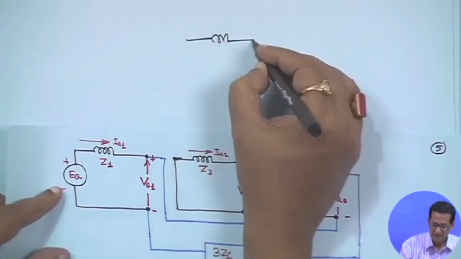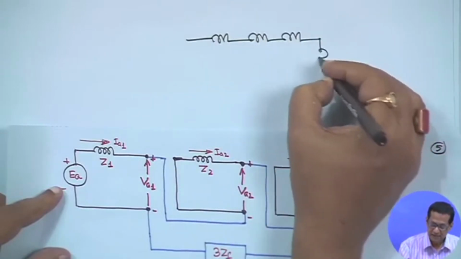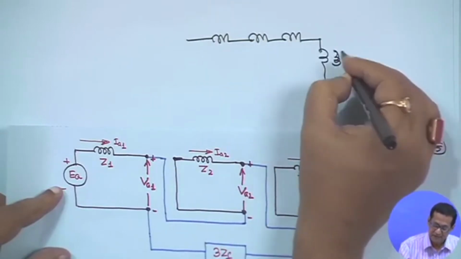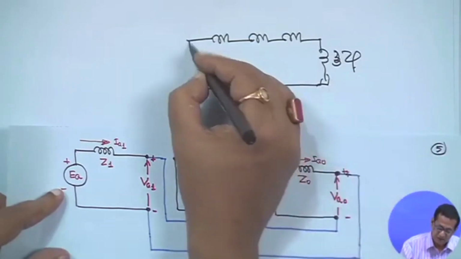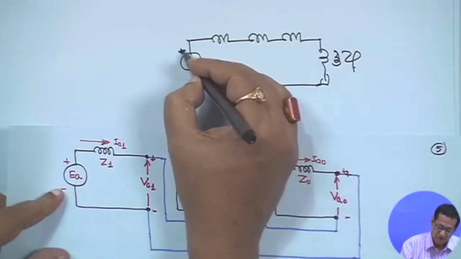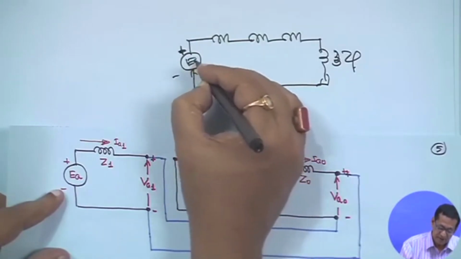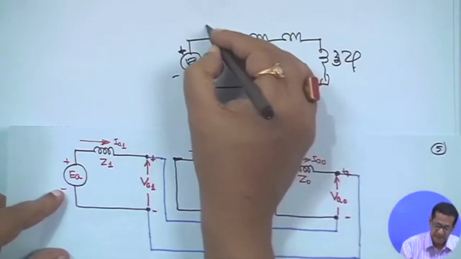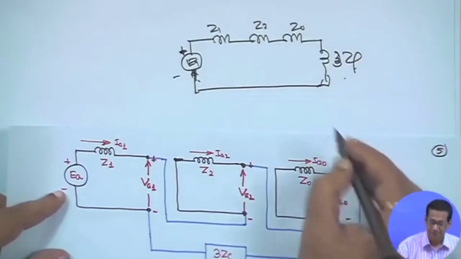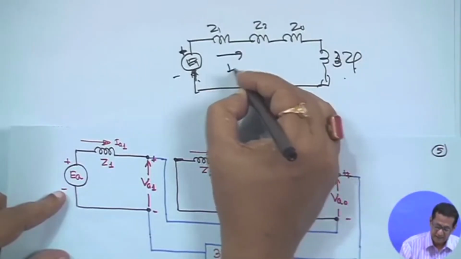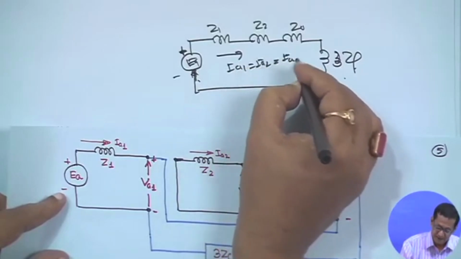This is your Z1, this is Z2, this is Z0 and this is, say, your 3 ZF, and this is voltage EA, and the current here is IA1 equal to IA2 equal to IA0.